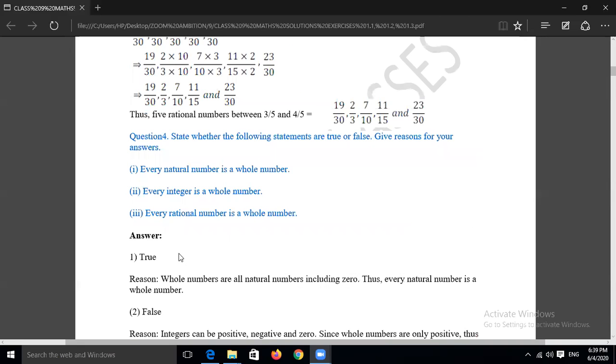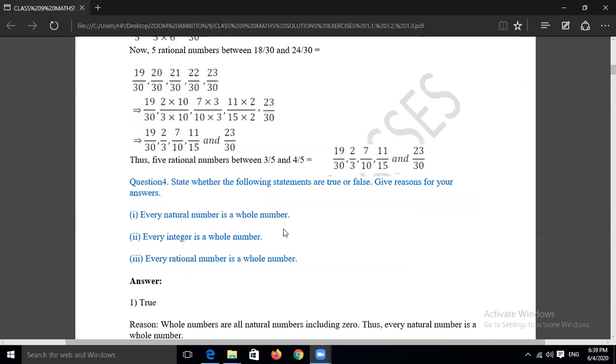So I explain it in a very simple way. Every natural number is a whole number? Yes, because the group of whole numbers includes natural numbers.